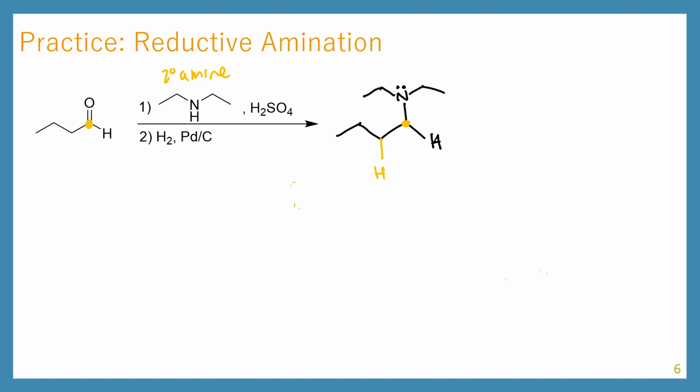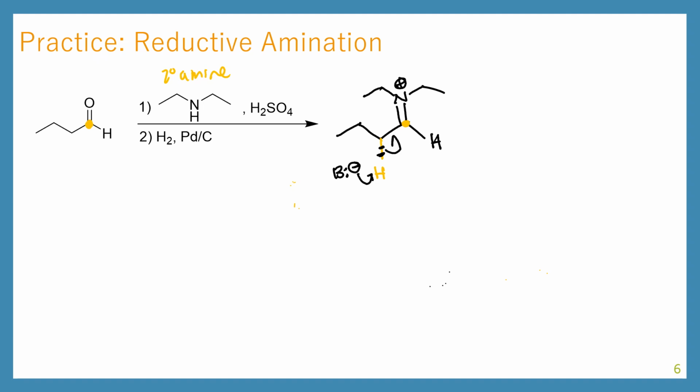So let's go ahead and just draw out this step of the mechanism just so we're clear. I'm going to erase that lone pair, put a positive charge on there and a double bond. So this step of the mechanism, I'm just going to shorthand it with B- because I don't want to take up too much space on this page. And I'm going to pull off this proton.